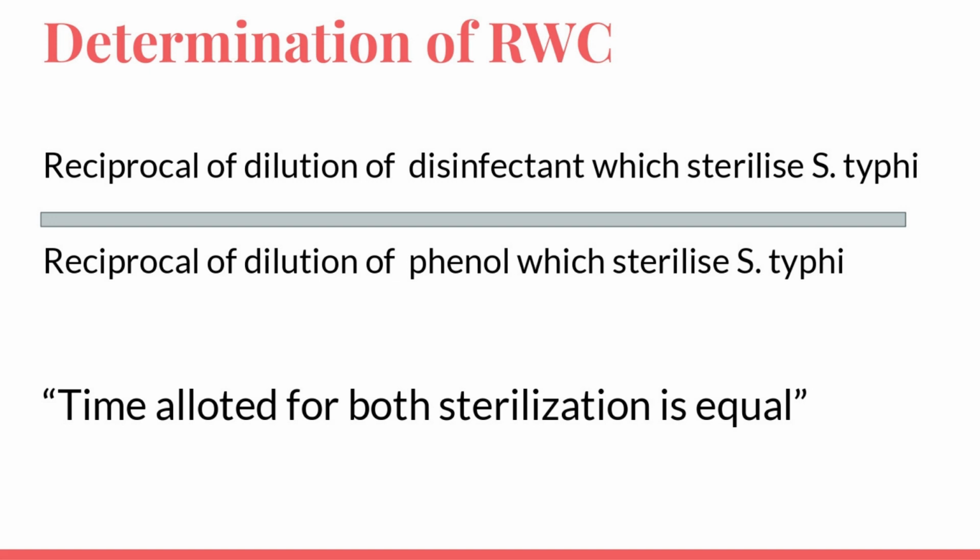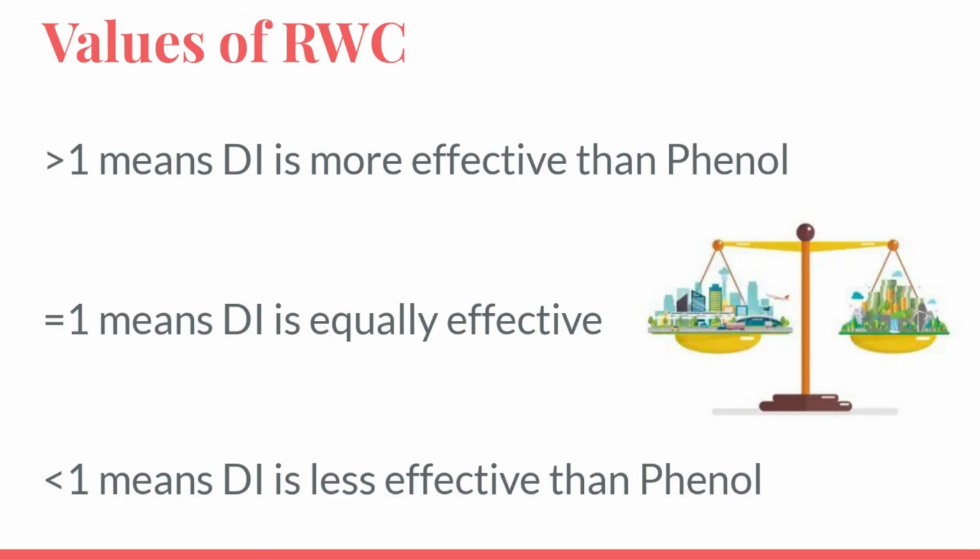Then the Rideal-Walker coefficient of the given sample of disinfectant is equal to 450 divided by 90, which is equal to 5. And with such values, how do we determine the efficiency? That is, values of the Rideal-Walker coefficient help us to determine the efficiency of the given disinfectant fluid.